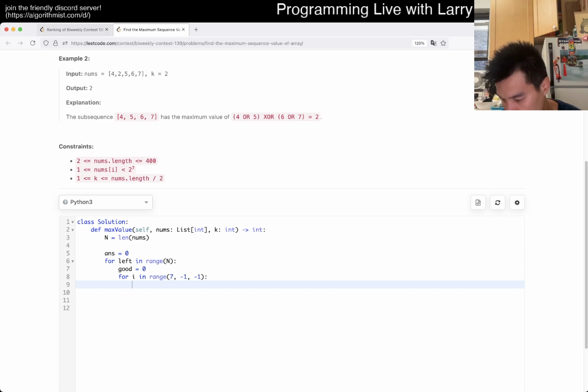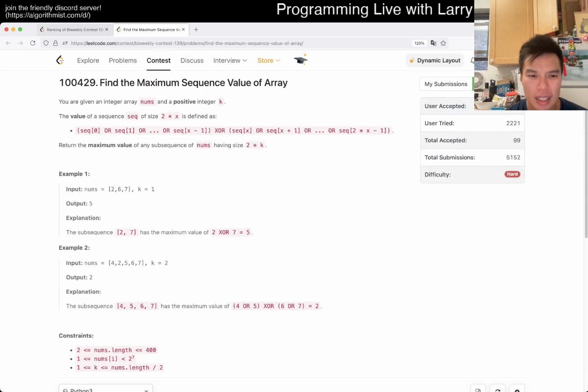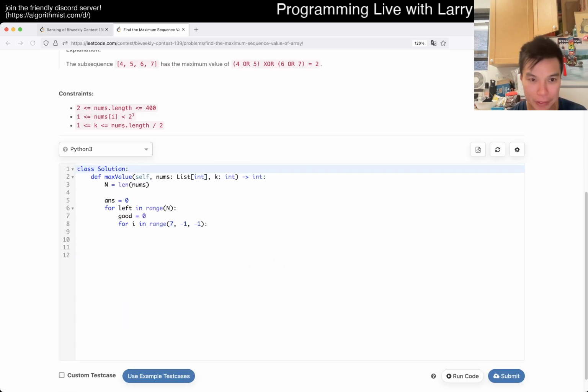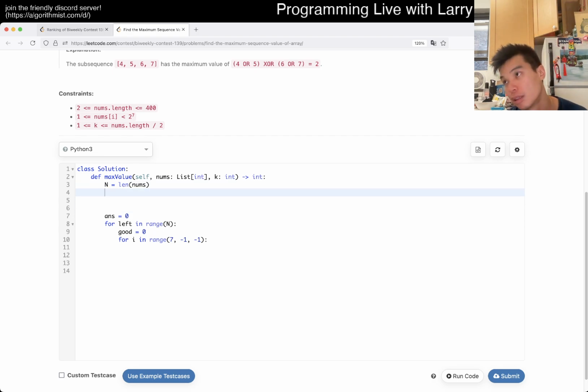You don't have to keep track of K because you could do greedy. I see, maybe. I don't know if that's true. You can just do greedy. Okay, or you can count in constant time. Can you though?